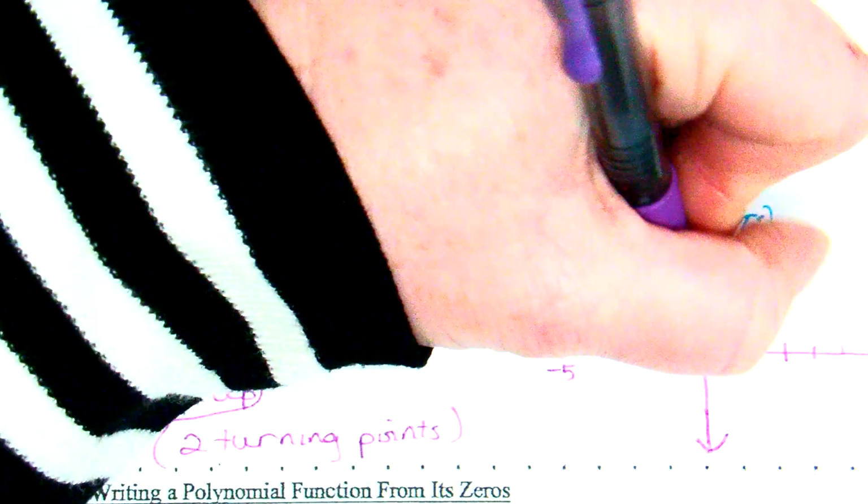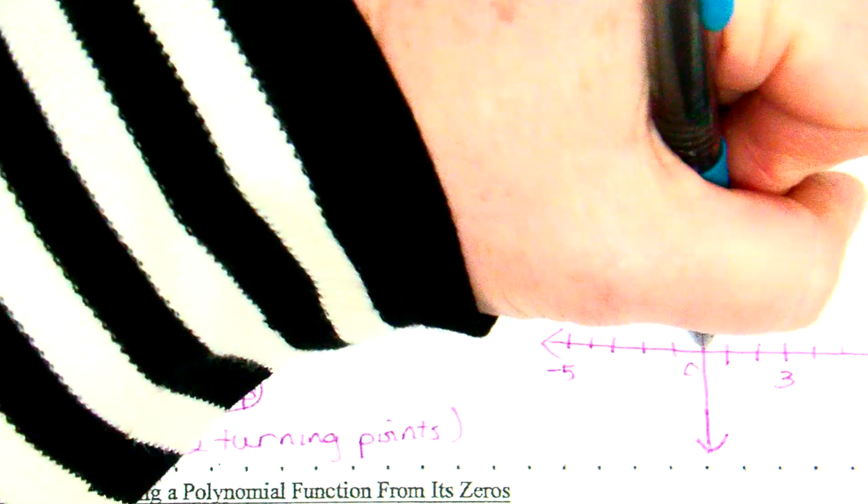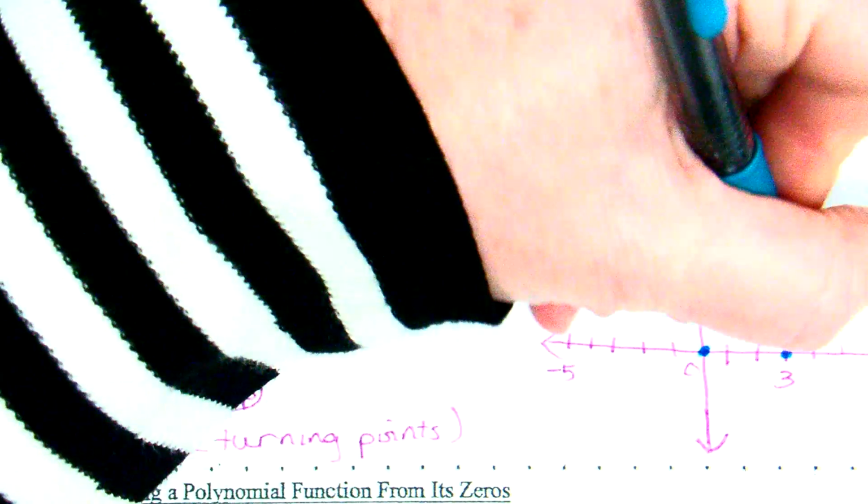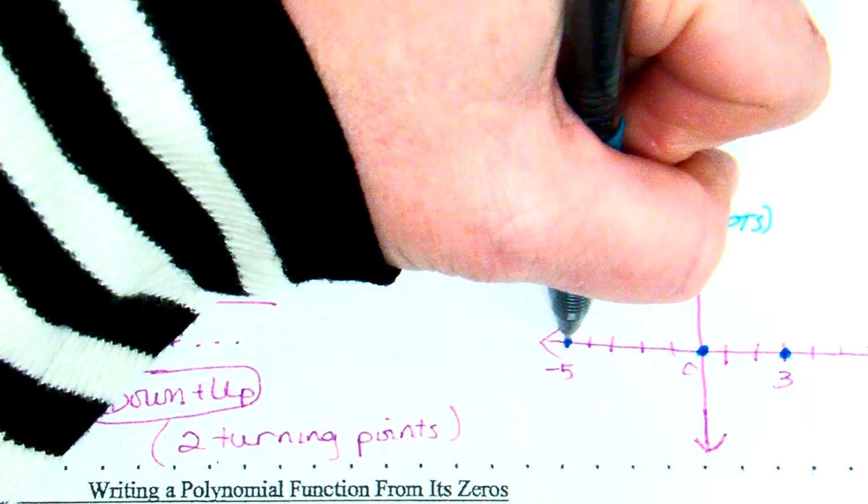So you have zeros at... You can still work, just don't look up. Put your zeros on there first. Where do I put my zeros on my graph? They are my x-intercepts. So I have x-intercepts at -5, 0, and 3.